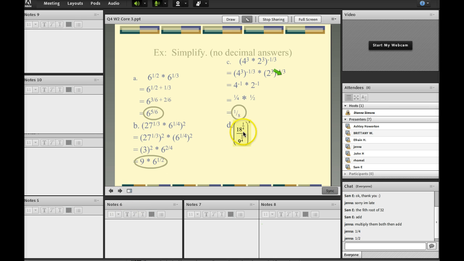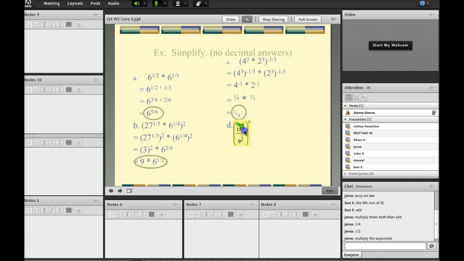Last one, we have a fraction and then it's raised to a power. So the first thing I'm going to look at is, we're going to multiply the exponents. We could do this one of 2 ways. We could multiply these, or I could look at these.